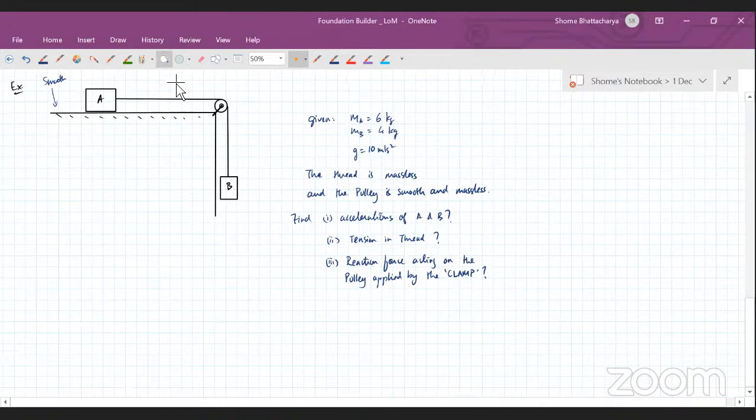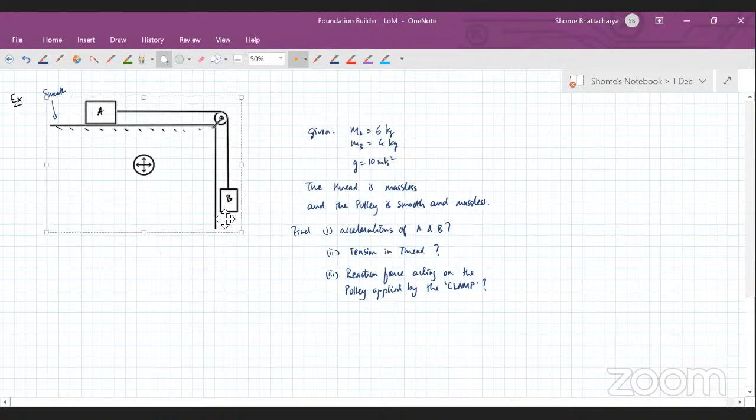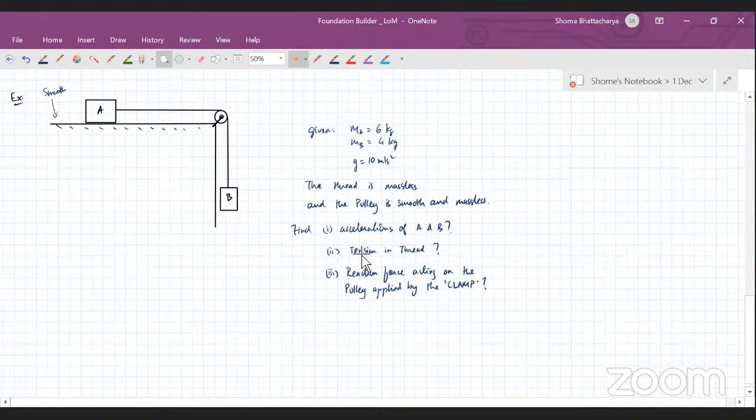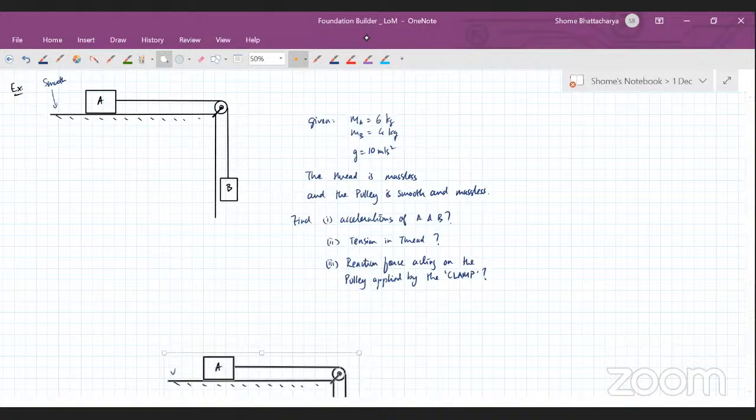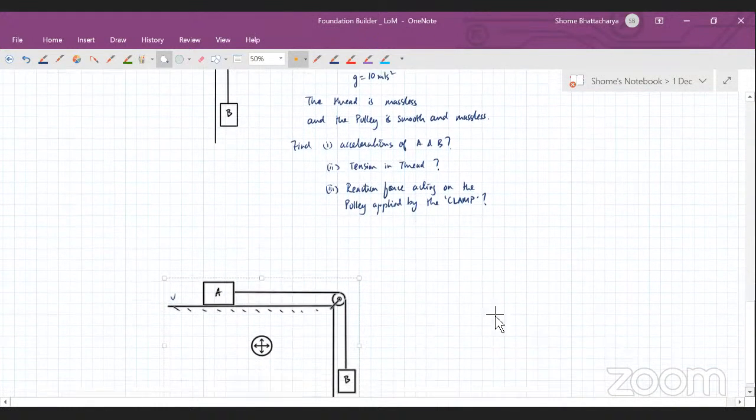Okay, so let's once again understand the forces acting on each of the blocks in the system. Yes, Kunj, your answers are correct for acceleration and tension. Now you make the free body diagram of the pulley to understand the reaction force.